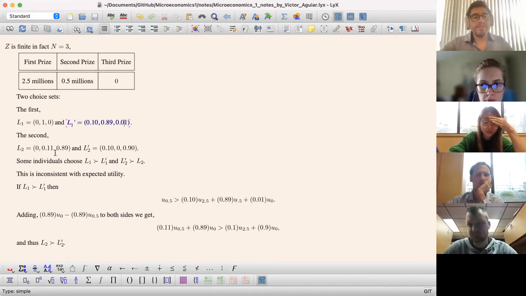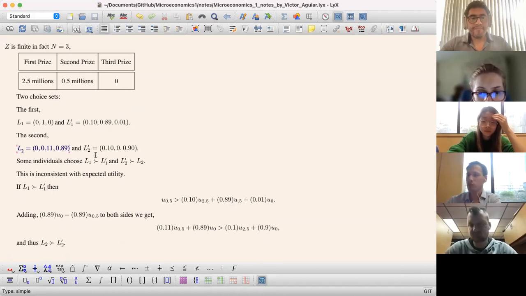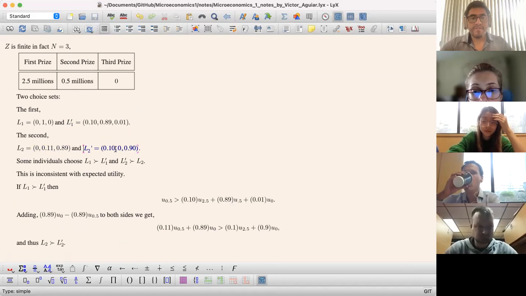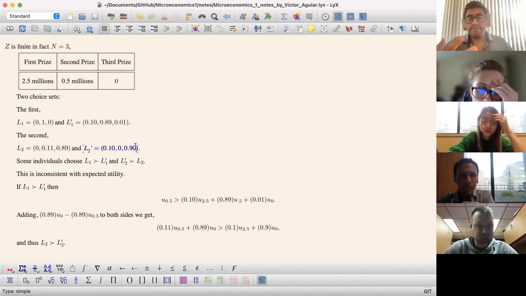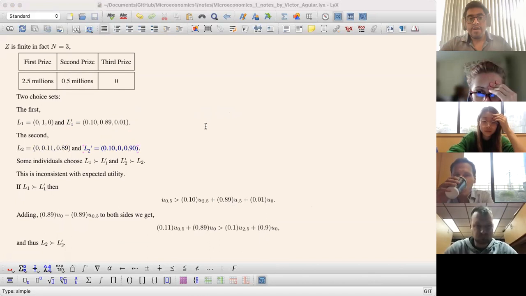The first is 11% of $500,000 and 89% nothing. The second alternative is 10% of the $2.5 million and 90% nothing. When offered these two alternatives, people often choose the second. In fact, here everyone chose the second alternative over the first.